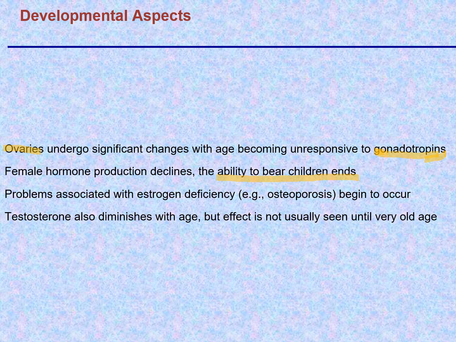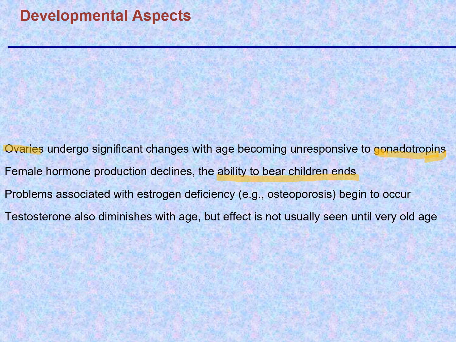With that kind of process occurring and deficiency in estrogen, there can be some associated problems, particularly the onset of osteoporosis, which is fairly common in women as they age. Osteoporosis is a loss or falling out of calcium in the bones.